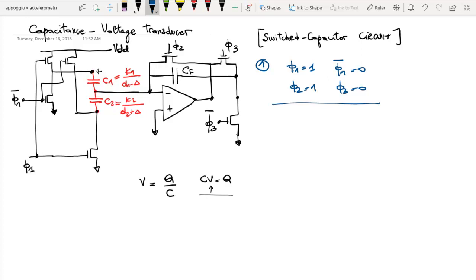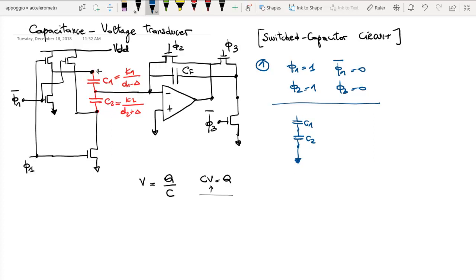So if phi 1 is equal to 1, it means that, let me draw the circuit again. This is C2 and this is C1. If phi 1 is equal to 1, this bottom transistor is on, so C2 is grounded on this side.